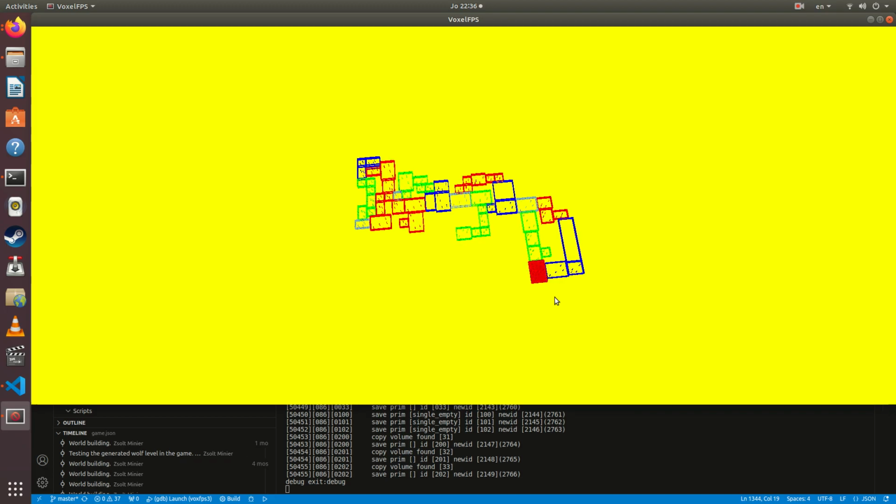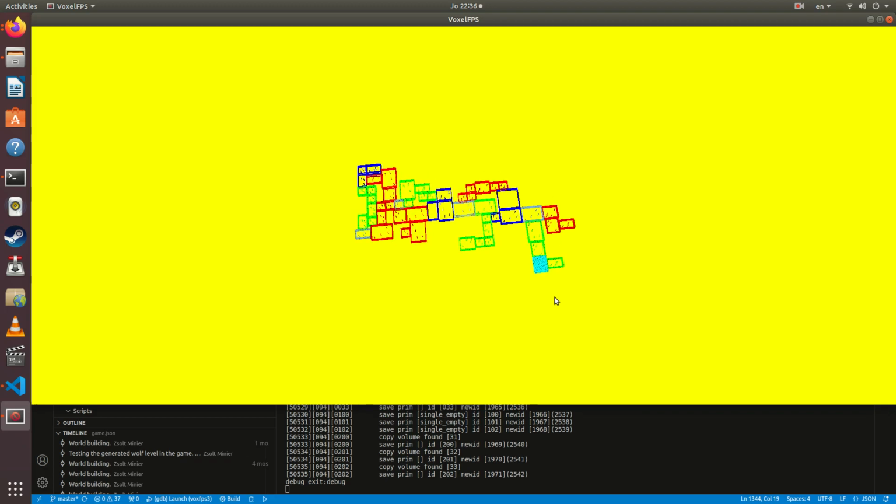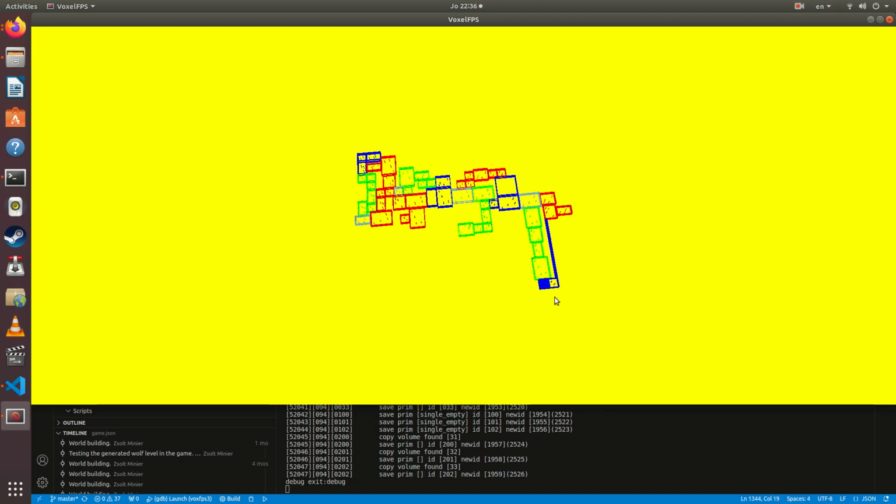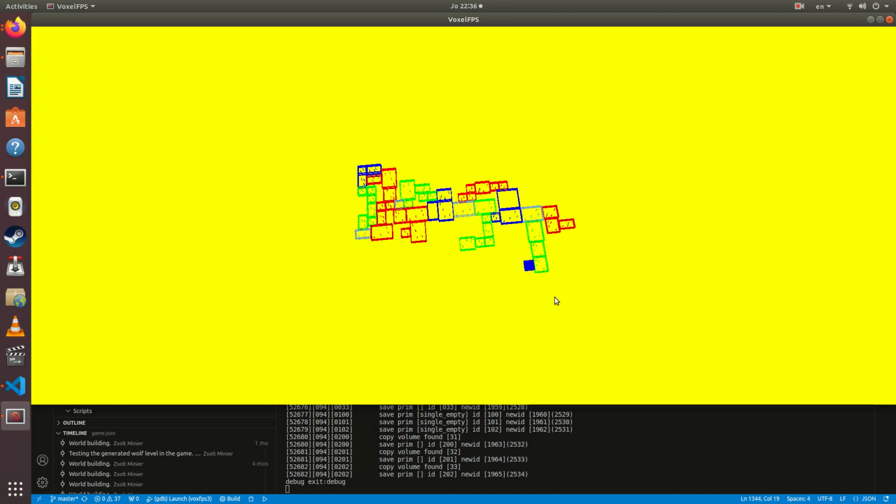So this is how the level generation looks and works, and I will show you how it looks in the game now.